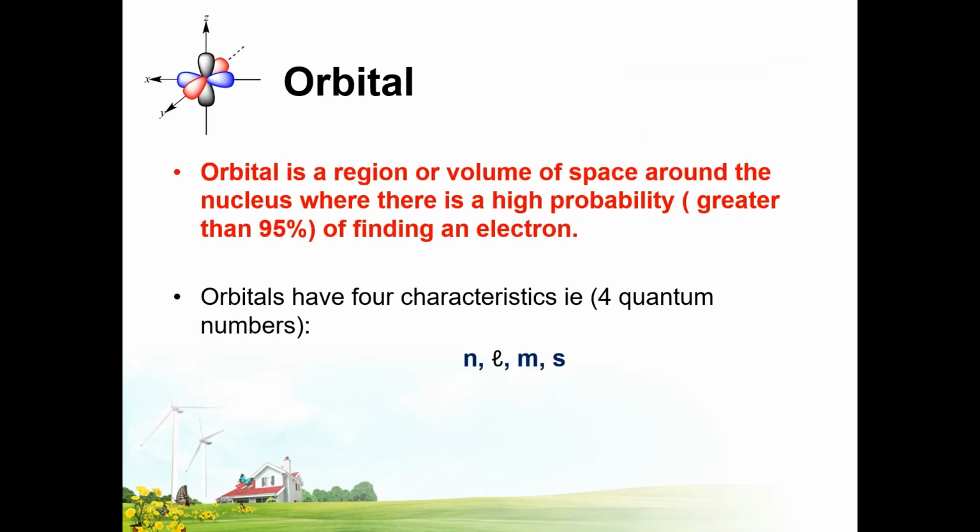Again, an orbital is a region or volume of space around the nucleus where there is a high probability of finding an electron. Orbitals have 4 characteristics, 4 quantum numbers, which are n, l, m, and s.